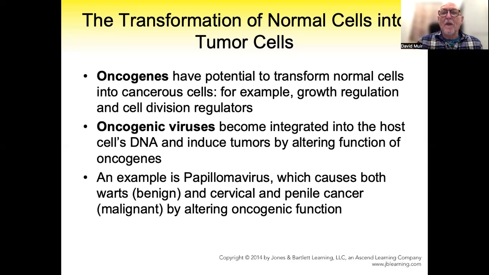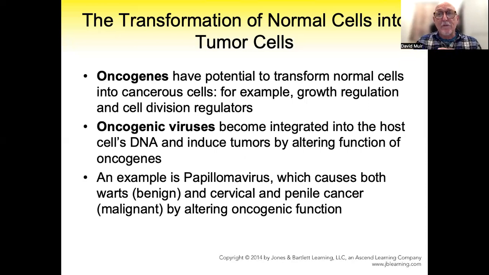So, for example, if we were to fiddle around with any of the growth regulation genes, we might lose control over them. And if we fiddle with any of the cell division genes, the control over cell division, which is very carefully regulated by the cell and related to growth, then the cell might become cancerous and begin dividing uncontrollably, which is exactly what happens in cancer.